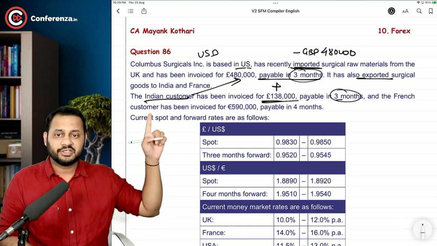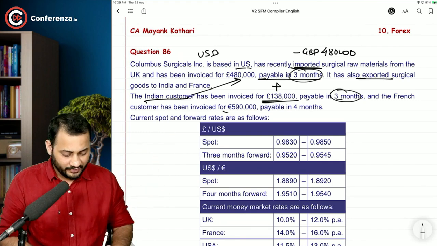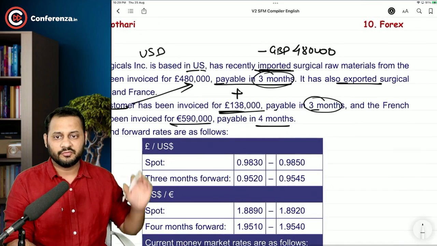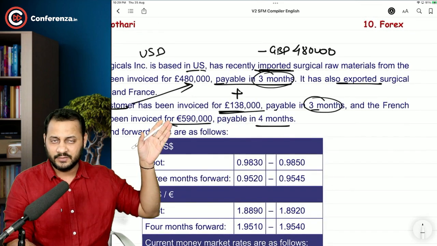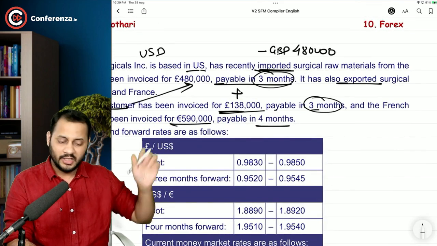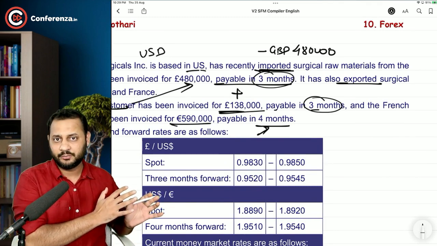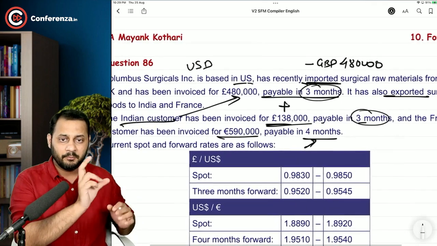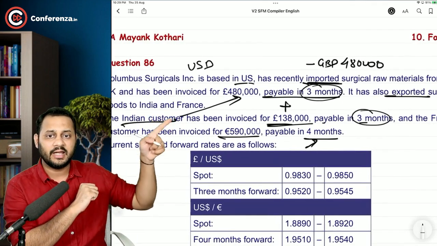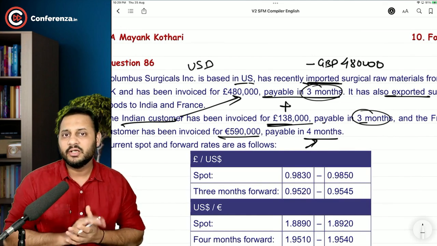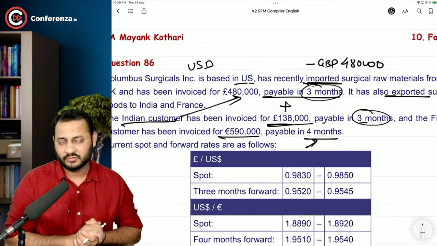And the French customer has been invoiced for 5,90,000 euros payable in 4 months' time. The French customer has a different currency of invoice, which is euro, and the timing is also not matching. So we can keep this French receipt separate, and we can match the pound payable and pound receivable, and the net pound payable should be taken for hedging purposes.